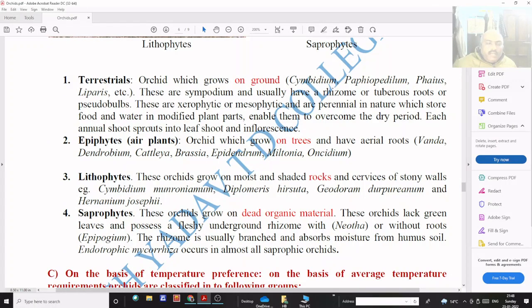The important genera among these four types are given here.